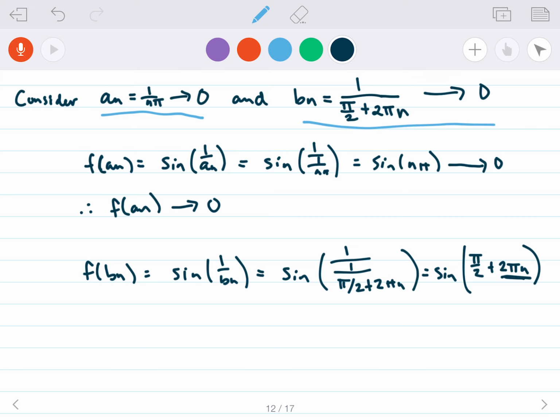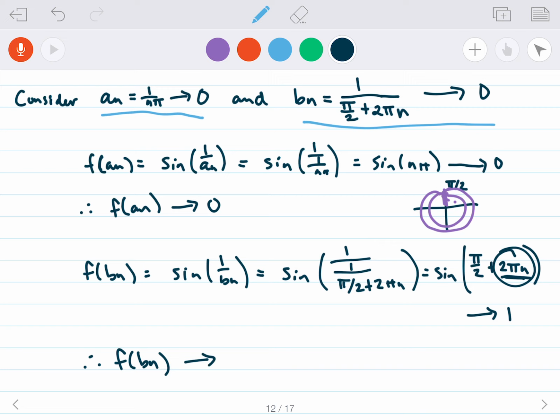Because whatever n is, we're always going to get an even multiple of pi. So you can think, here's pi over 2. This is if n equals 0, we're at pi over 2. If n equals 1, I just add a rotation. I'm still here, add a rotation, I'm still here, etc. You guys know how this goes. So the sine at pi over 2, or any even multiple of pi plus pi over 2, is going to be 1. Okay, so f of b sub n goes to 1.